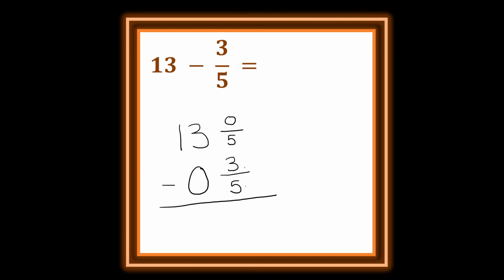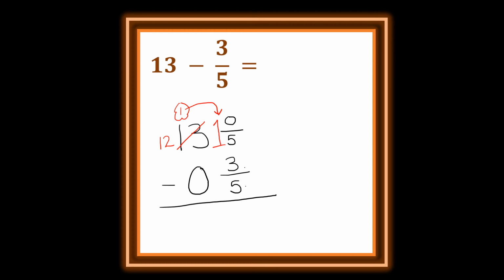I can't have 0 and take away 3, so I'm going to borrow from the 13. I borrow from the 13, it becomes a 12, and I borrowed a 1. So I'm going to bring that 1 over here as a whole number.